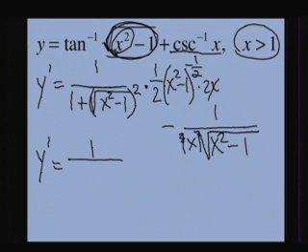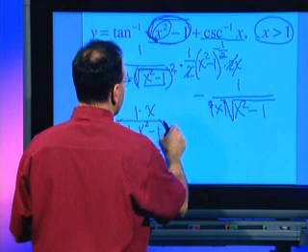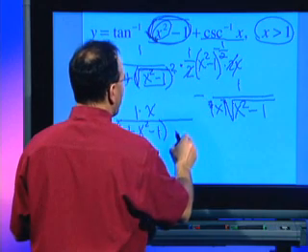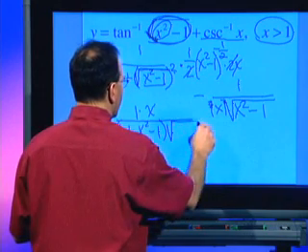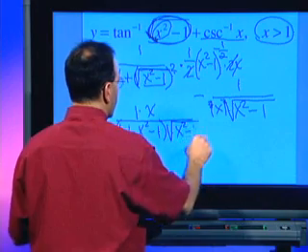When we simplify this, we will have that this y prime is equal to 1 over 1 plus, well, a square root squared just gives us x squared minus 1 for this first part. Then we can cancel out the 2's there, and that gives us x on the top, so I'm going to multiply times x, and then on the bottom, we're going to multiply times the x squared minus 1 inside of the square root.